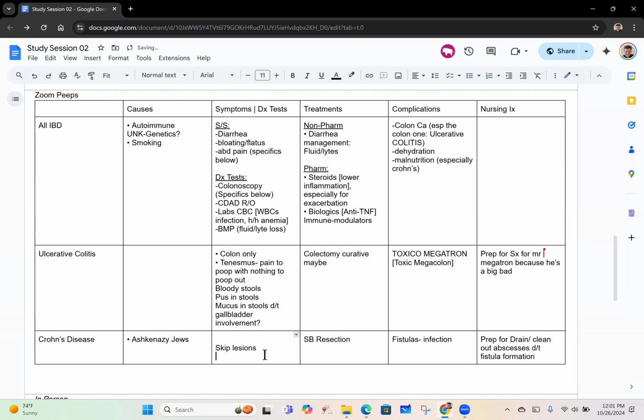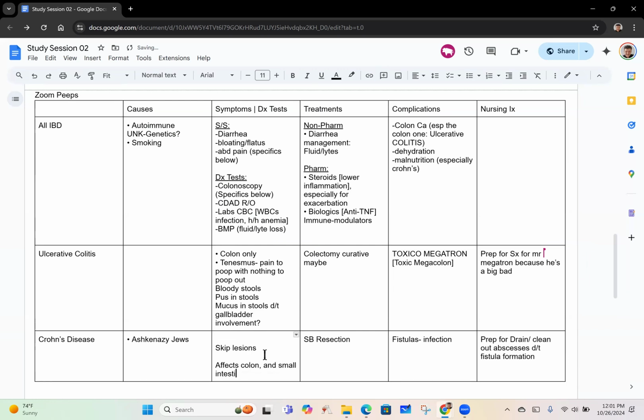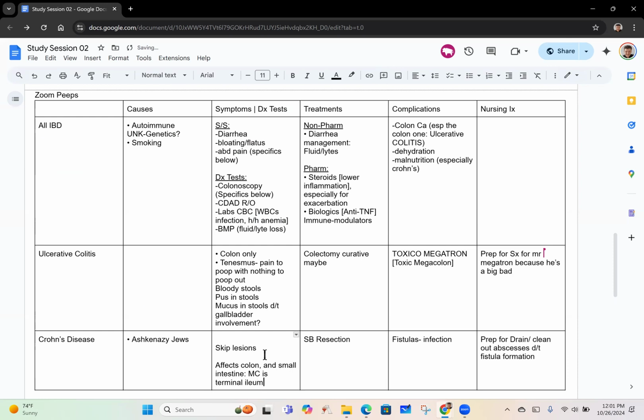So we can put down here, Crohn's disease affects the colon, right? So most common is where? Terminal ileum and proximal colon, the ascending colon. Proximal ascending colon. Make sense? All right, going back to ulcerative colitis, they got tenesmus, right?